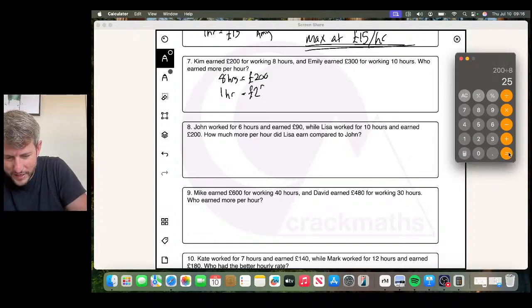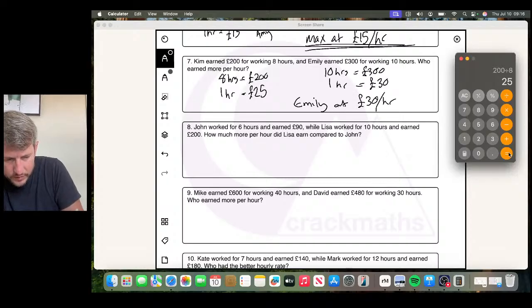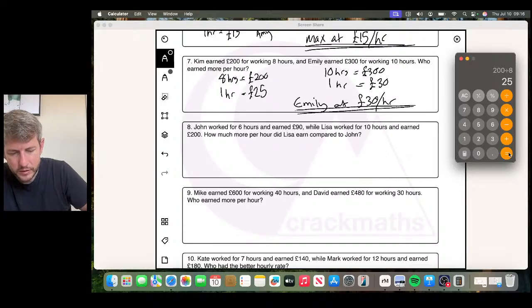Ooh, she's the best paid yet. Right, Emily earned £300 for 10 hours. 1 hour is this divided by 10, so that's £30. So Emily earned more. So we say Emily at £30 per hour. Okay, right.